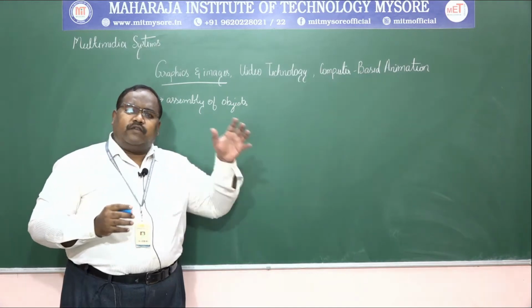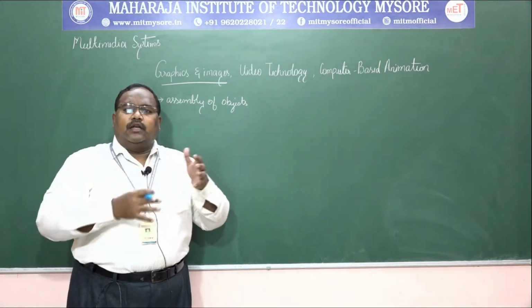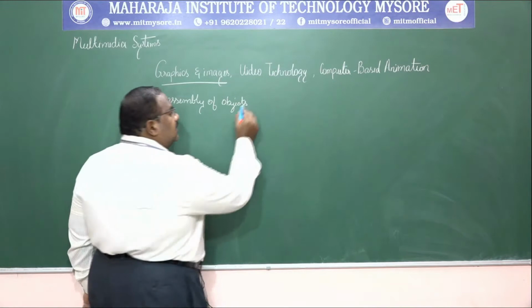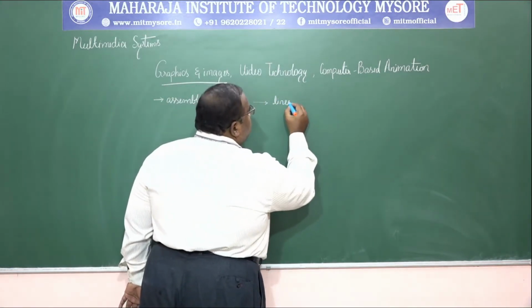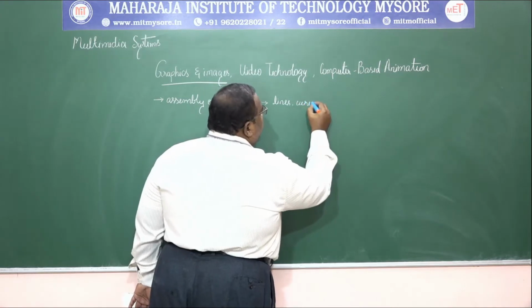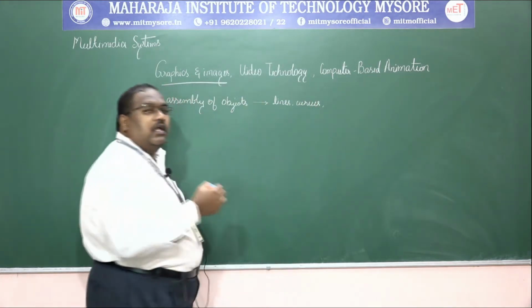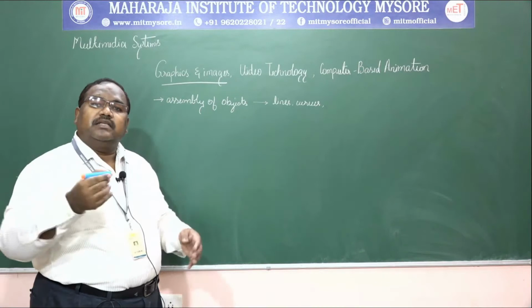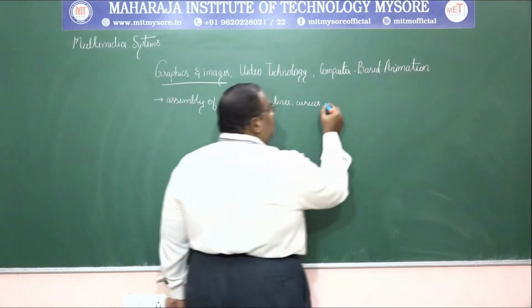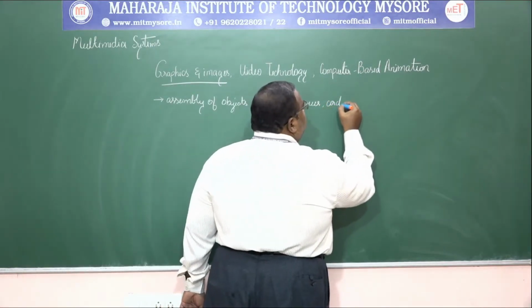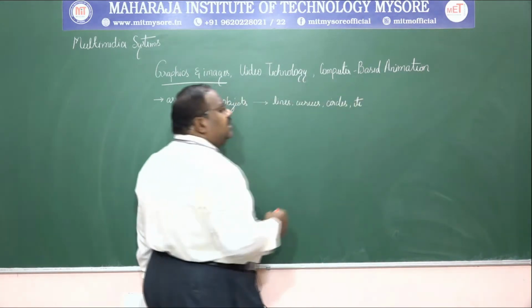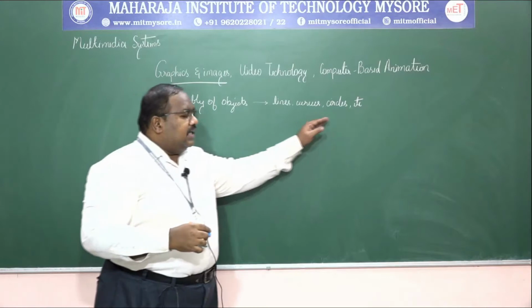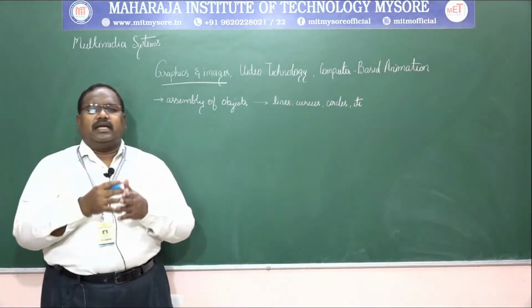So what are those different objects that are combined to form a graphic? It might be lines, it might be curves, and also it might be circles. When you talk about curves, the extended version would be circles.